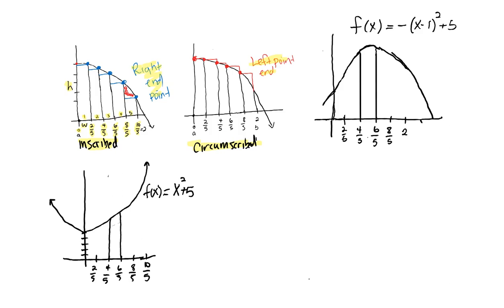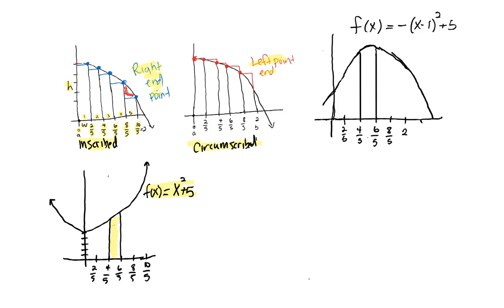I want to show you that with a different function, f of x equals x squared plus 5, take a look at this one interval that I've drawn here. You can see this graph is a little bit different. Instead of the parabola facing down, it faces up. If I were looking for the inscribed area on this one, remember the inscribed area is smaller on the inside.